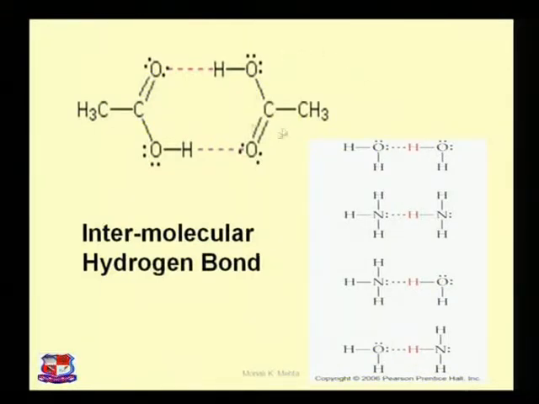The first example is acetic acid, in which the oxygen atom forms a hydrogen bond with another molecule, and the other example is the water molecule. The second example is ammonia. The third example is the hydrogen bond between ammonia and water molecules.